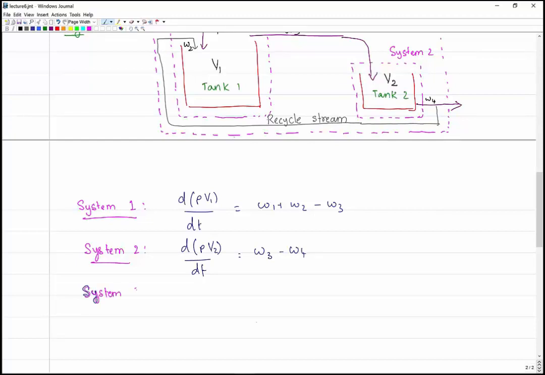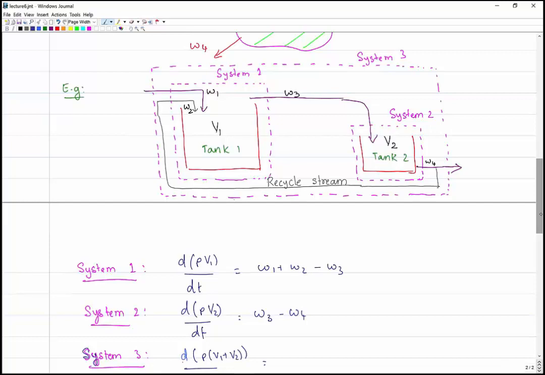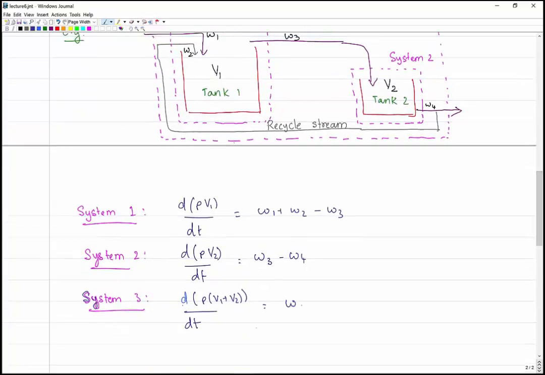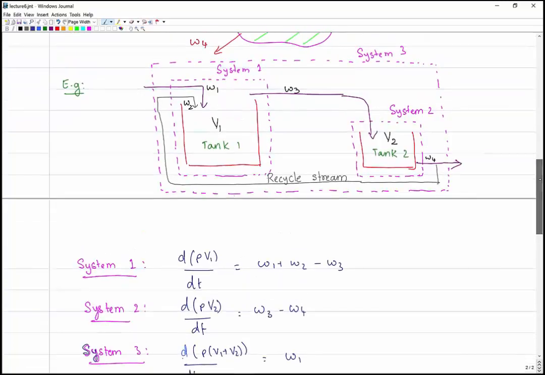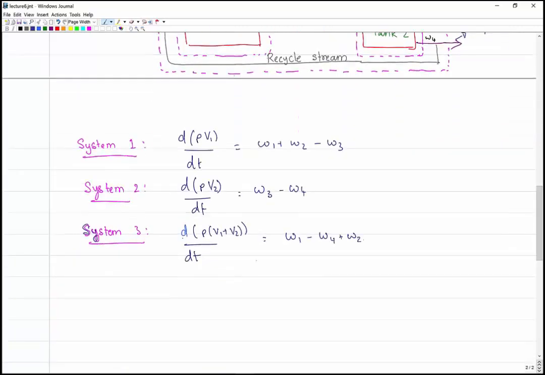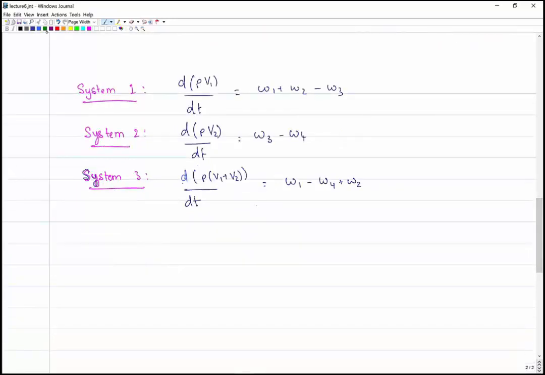For system 3, it's a bit more complicated because we have a recycled stream in the system. There's a stream coming from the outside of tank 2 back into tank 1. So to account for that, in system 3, on the right-hand side, you're going to have W1 minus W4 plus the recycled stream W2.